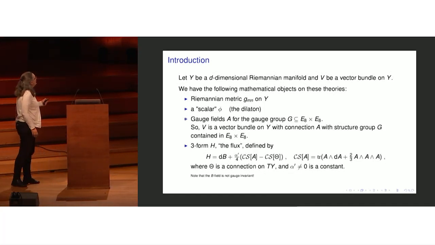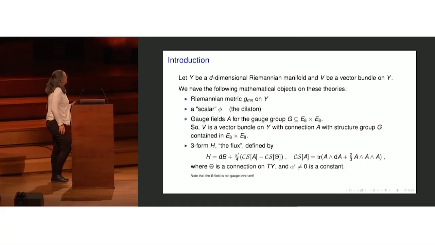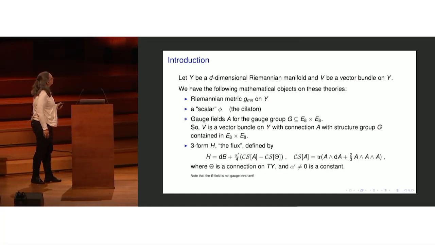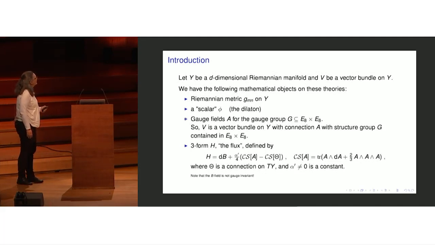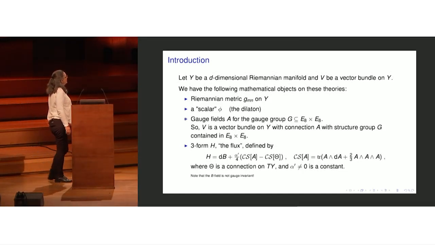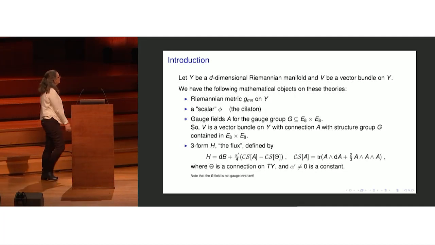Suppose Y is a d-dimensional Riemannian manifold and V a vector bundle on Y. Then, being a Riemannian manifold, you will have a metric. We'll have a dilaton. We have gauge fields A for the gauge group G contained in the E8 cross E8. So V is a vector bundle on Y with connection A with structure group G contained in the E8 cross E8, right?